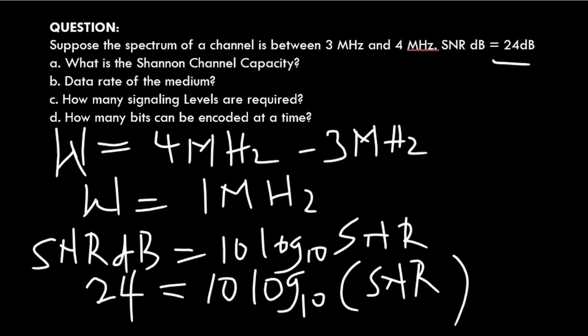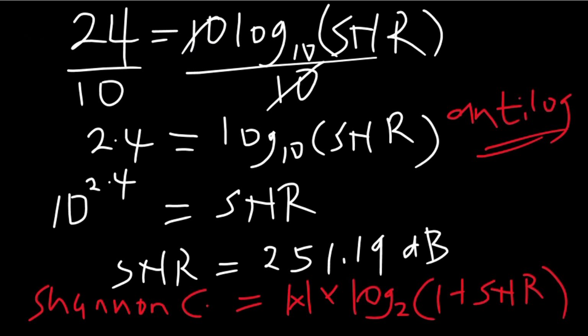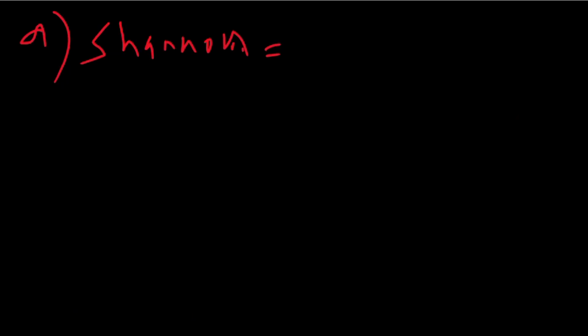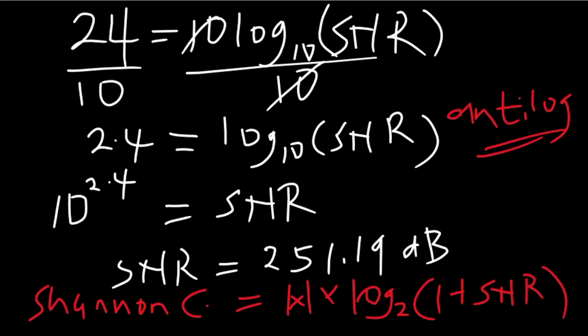So for A, the Shannon capacity is equal to our bandwidth, which is W, times log to the base 2 of (1 plus SNR).